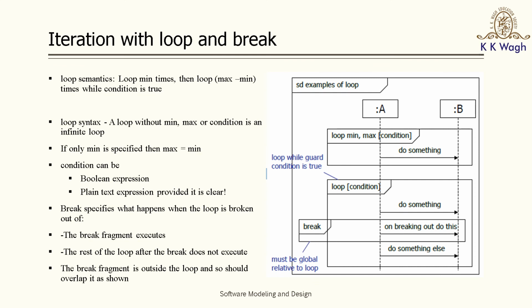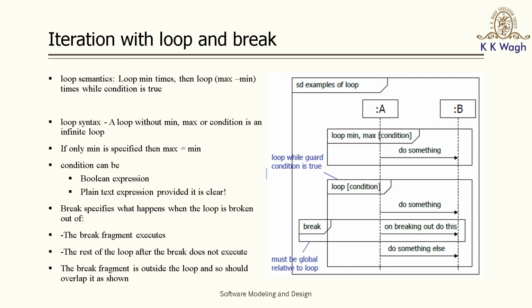And break means what? Break basically breaks the loop. Break specifies what happens when the loop is broken out of. The break fragment executes, and the rest of the loop after the break does not execute. This is very simple, as in case of C or C++ as well.